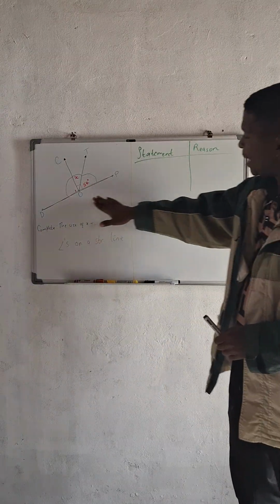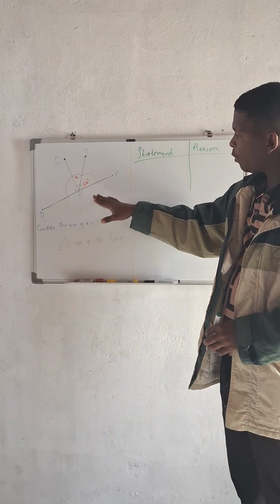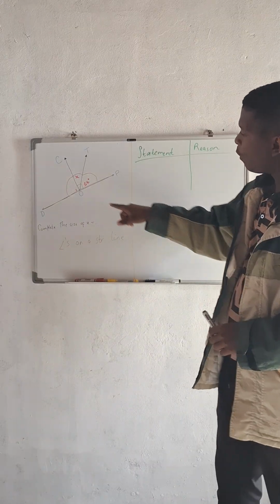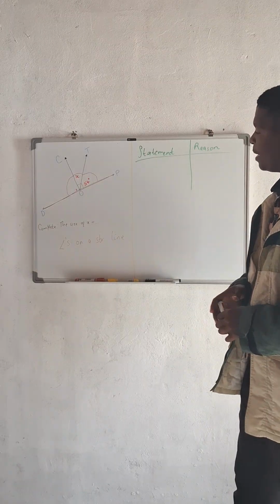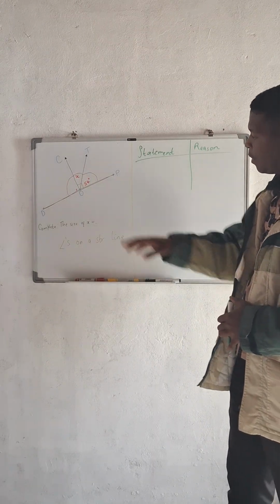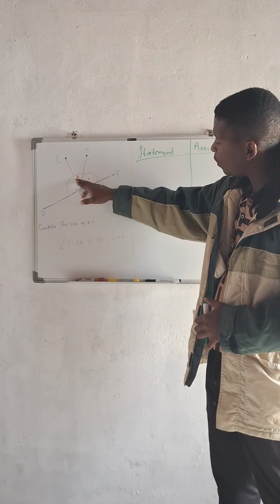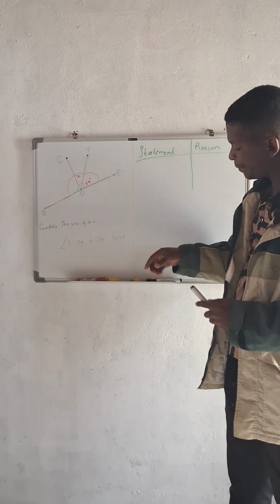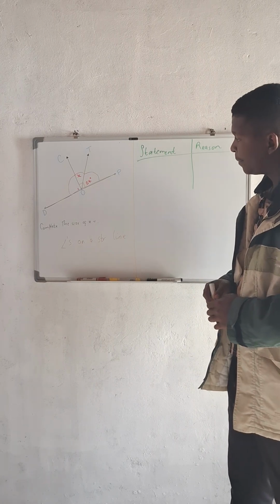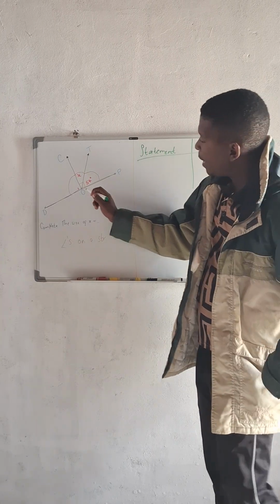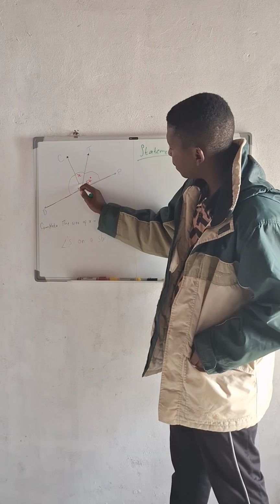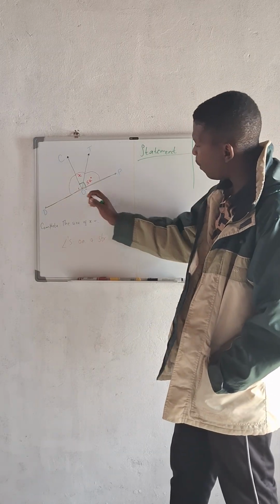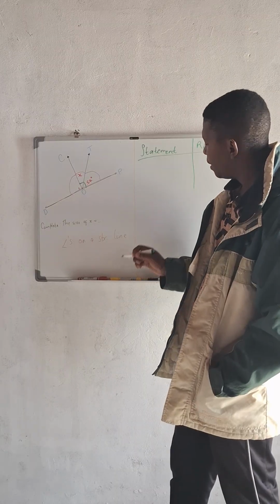Right. As I have indicated here, we are dealing with a geometry of straight line, and this is angles on a straight line. If we are looking for X, these are angles on a straight line. We are also given 54. We're looking for X. This angle here, grade 9. Can you see brown here? This angle, if this is 90 degrees, remember, we are only left now with one angle.